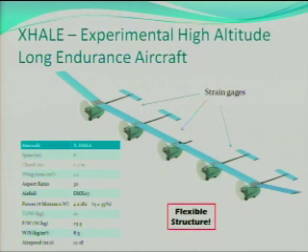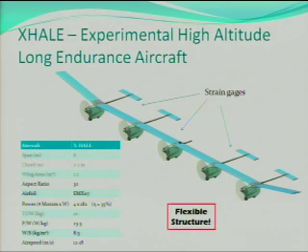So here is our X-HALE, which stands for Experimental High Altitude Long Endurance Aircraft. It has an aspect ratio of 30, and the structure is very flexible, which means it deflects a lot during the flight.